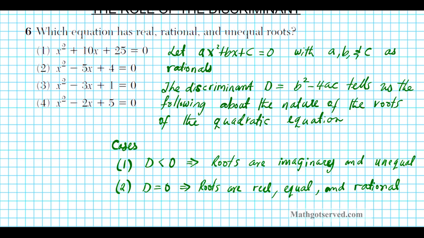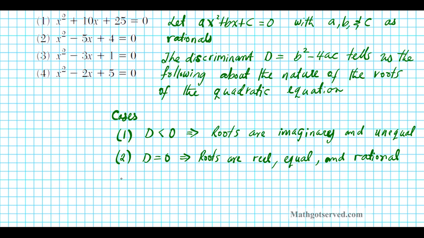All right? Case number 3, what if you have the discriminant having a positive sign? What if the discriminant is positive and it's also a perfect square? If the discriminant is positive and it's a perfect square, then the roots are going to be real.